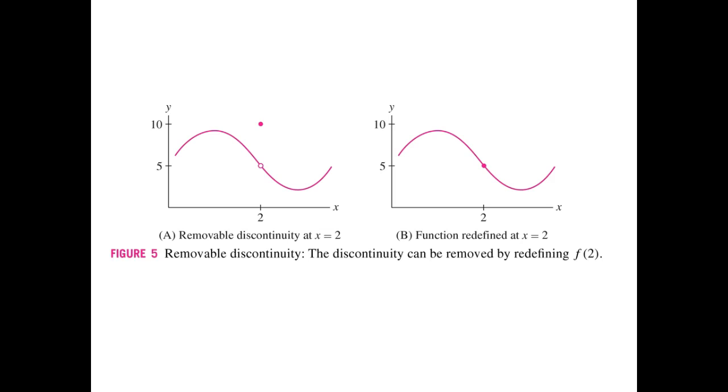So this is discontinuous: f of 2 is not equal to the limit as x approaches 2. This one is removable because you change the value of f of 2 to make it the limit. Now, I can almost hear you say, so what? But it's still true.